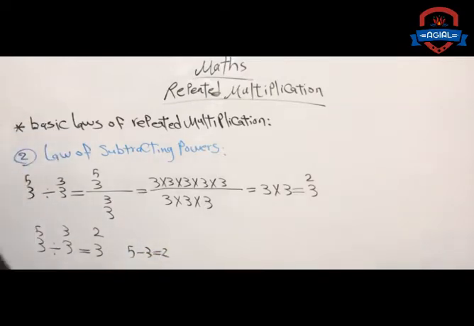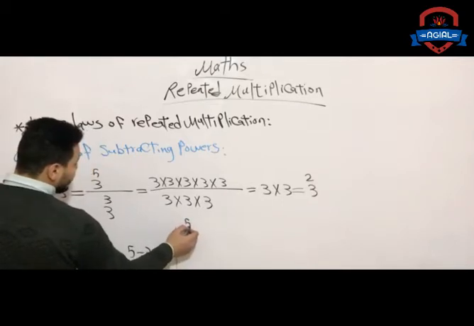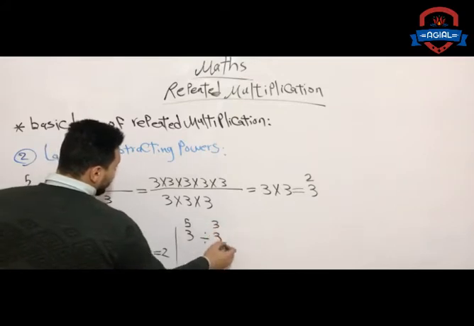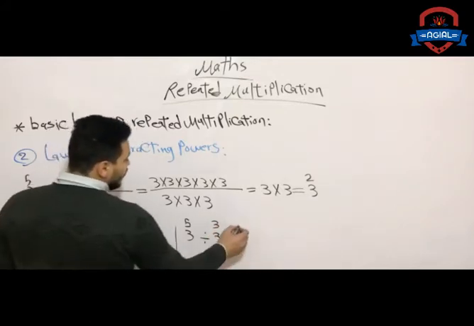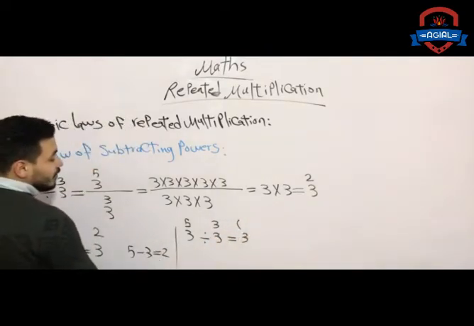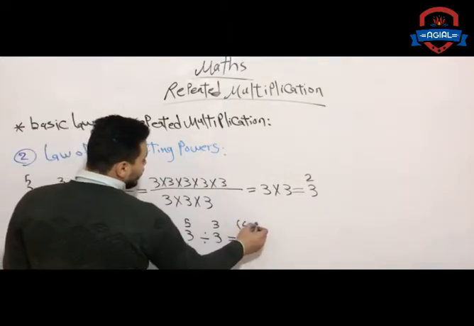So 3 to the power of 5 divided by 3 to the power of 3 equals 3 to the power of 2, which is 5 minus 3.